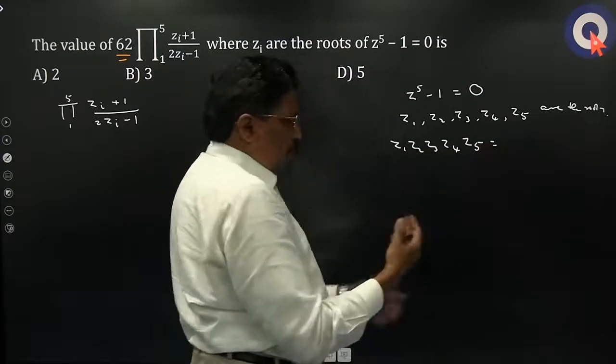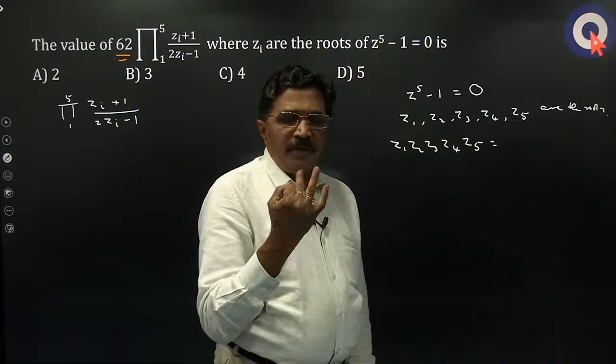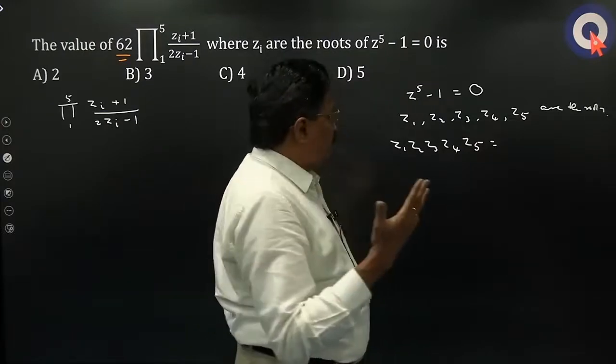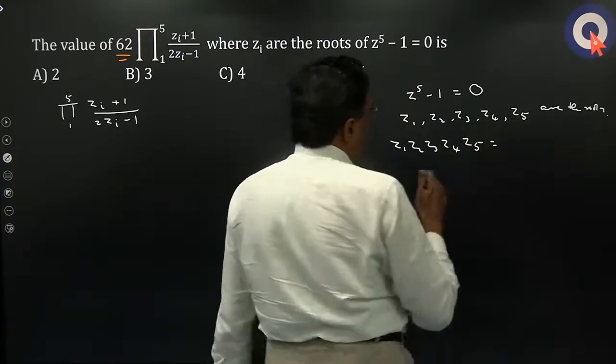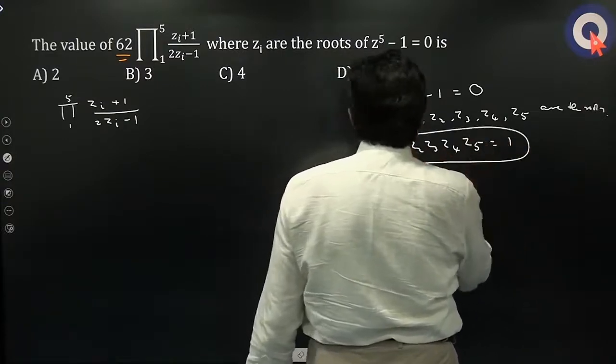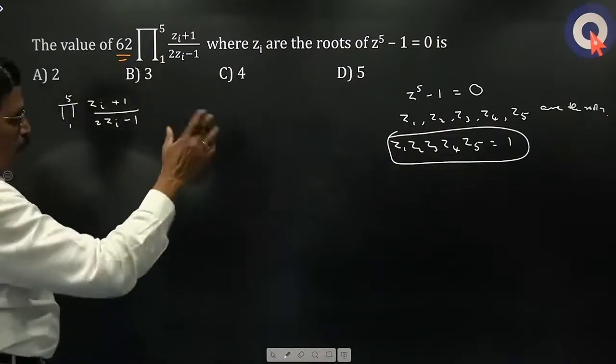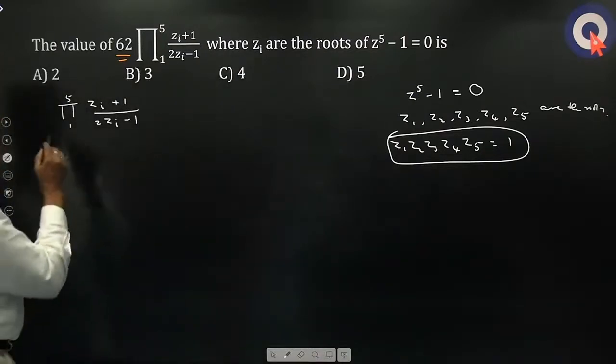So it is sum of the roots is minus b by a, next is positive, next is negative, next is positive, next is negative. So that is minus f by a, so that becomes 1 basically. So this is the value that we have, and apart from that, any sum of products of the roots in whatever combination is actually 0.